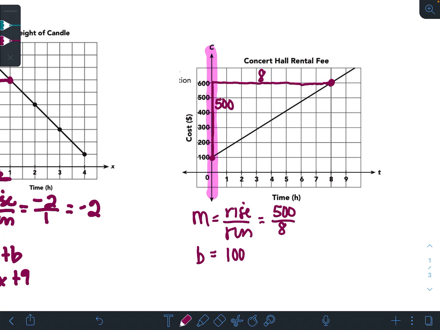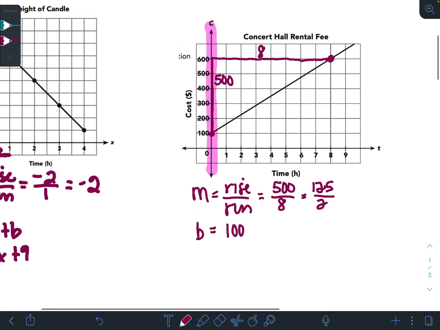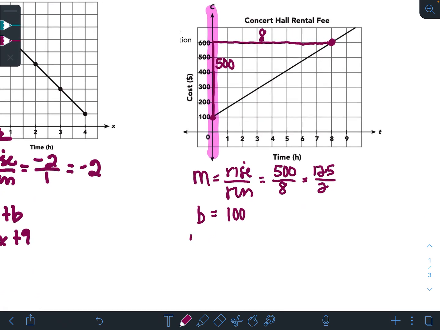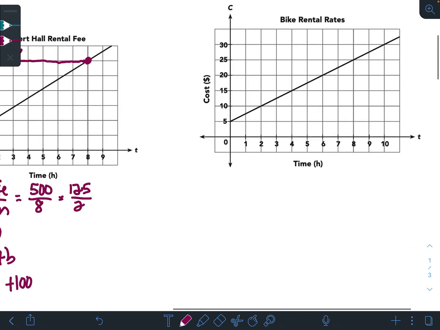And I can simplify that down to 125 over 2. And that is what I would use to write my equation. So if I have y equals mx plus b, I'm going to have y equals 125 over 2x plus 100.